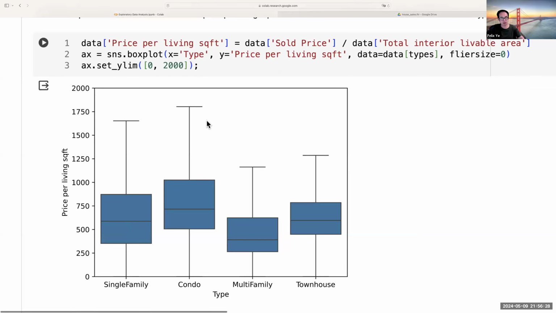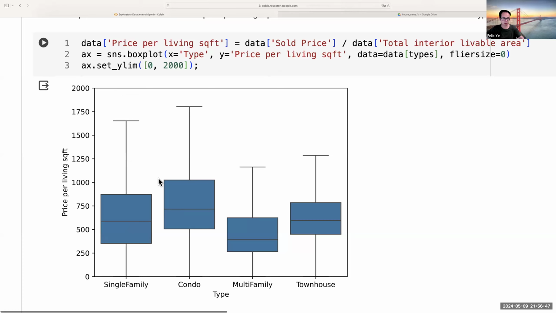Here is a simple box plot with the different types, and the y-axis is the price per living square foot for different types. You can think about these distributions.